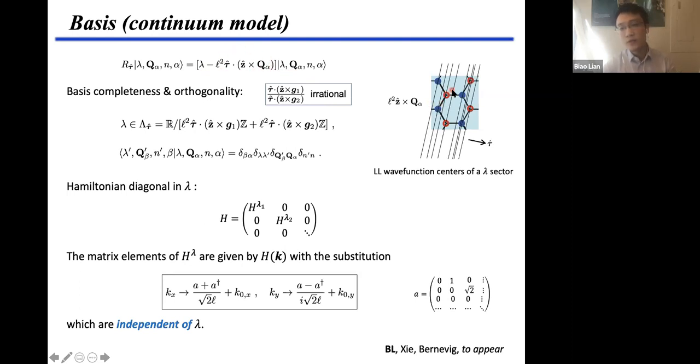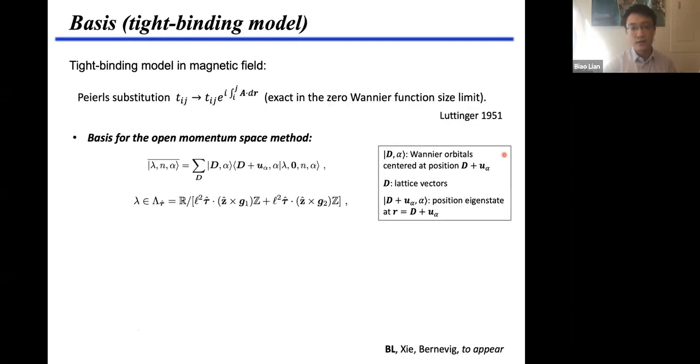If this is the rotated lattice Z times q, we find the basis in a fixed lambda sector passes through all these rotated sites. As you can see, there's no translational symmetry unless you take an infinite number of them. So this is how you can think of the wave function in real space.